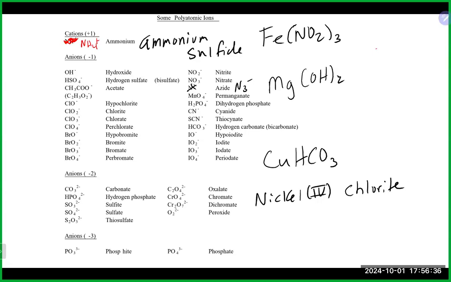And let us do potassium dichromate. All right, so formulas for the guys that have names, and obviously names for the formulas there. See what you come up with here.